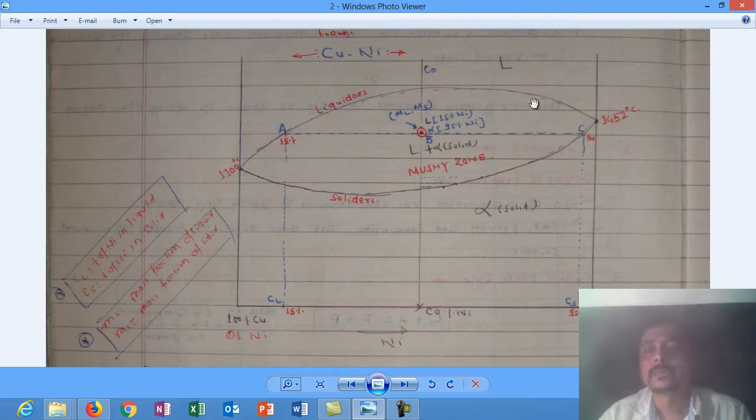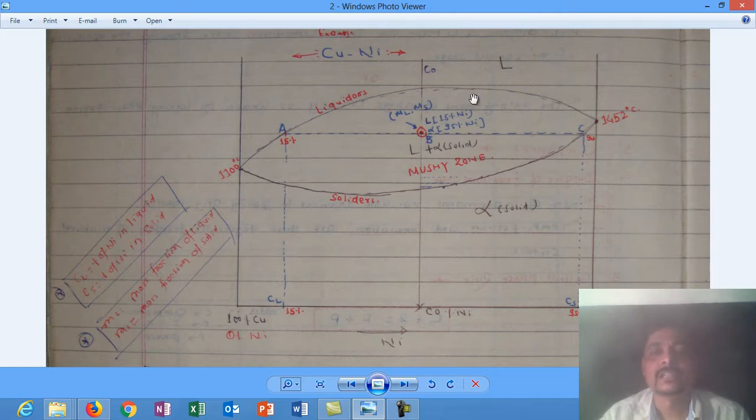Within this curve, the alloy will be in a mixture of liquid and solid. Below this curve, the alloy will be in solid form. So in this region the alloy will be in liquid form.